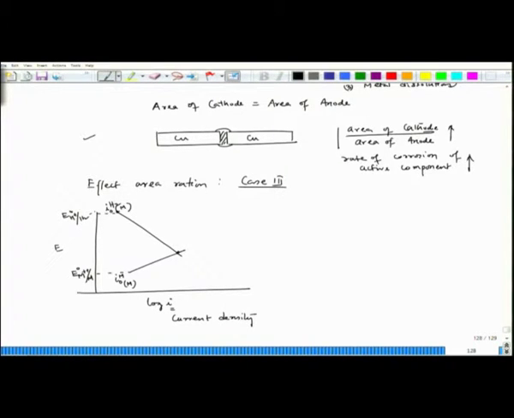So, that was the pattern. This particular potential was E corr and this particular current density was I corr, and here I could see I c equal to I a. This is no problem, but interestingly that time this was on 1 centimeter square area, this was on 1 centimeter square area. For the time being we consider 1 centimeter square, we can also consider 1 meter square, it does not matter.